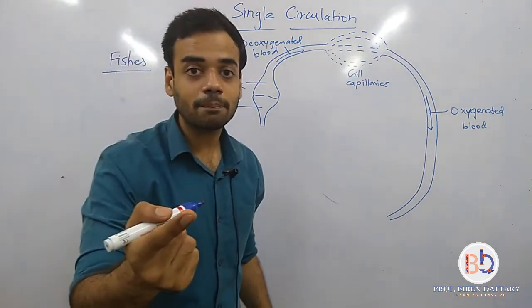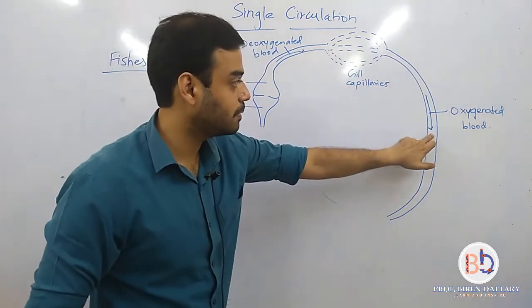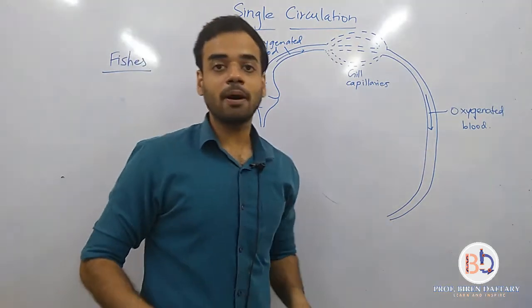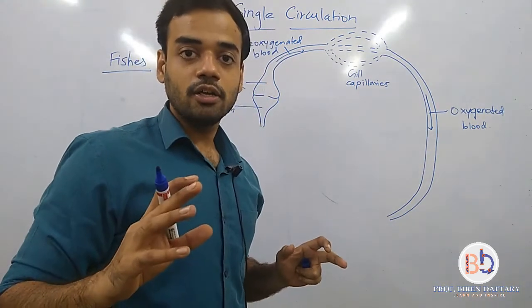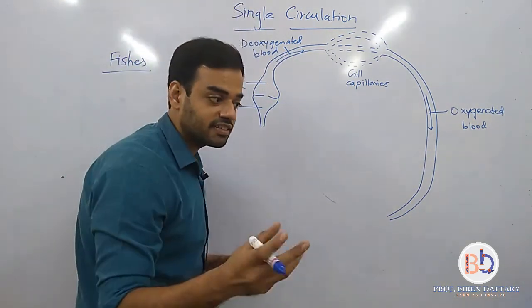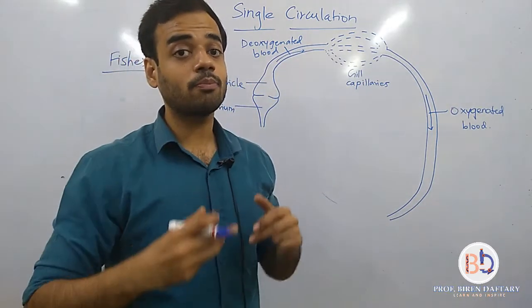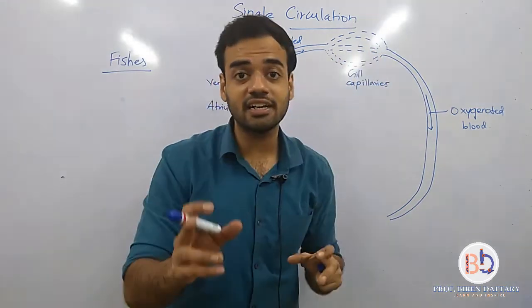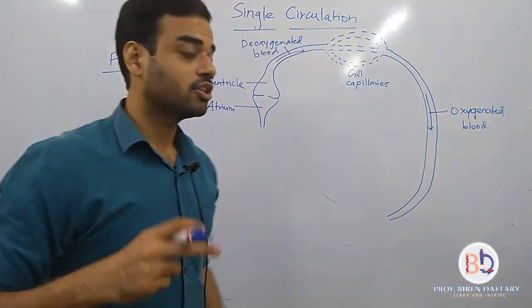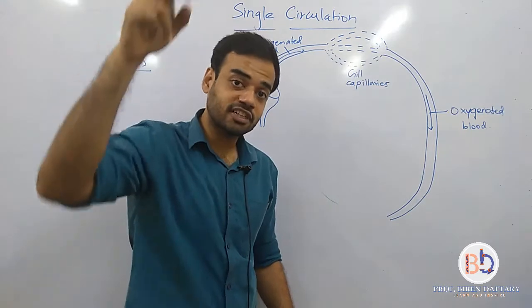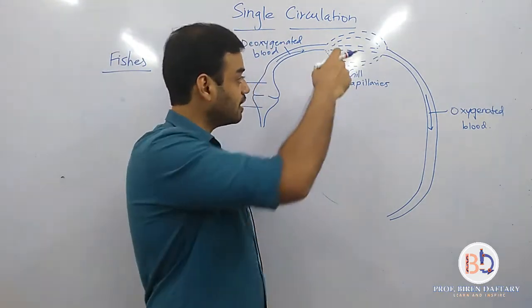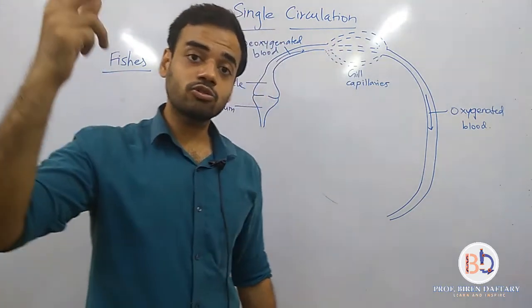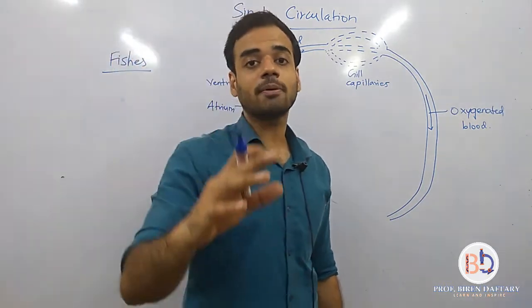Now this oxygenated blood is going to be passed to all the cells of the body. So the body of the fish is going to receive oxygenated blood from where? It is going to receive oxygenated blood from the gills directly. See, in our case, the oxygenated blood from the lungs first comes to the heart. It comes to the left atrium and then it goes to the left ventricle, then it goes to all the parts of the body.